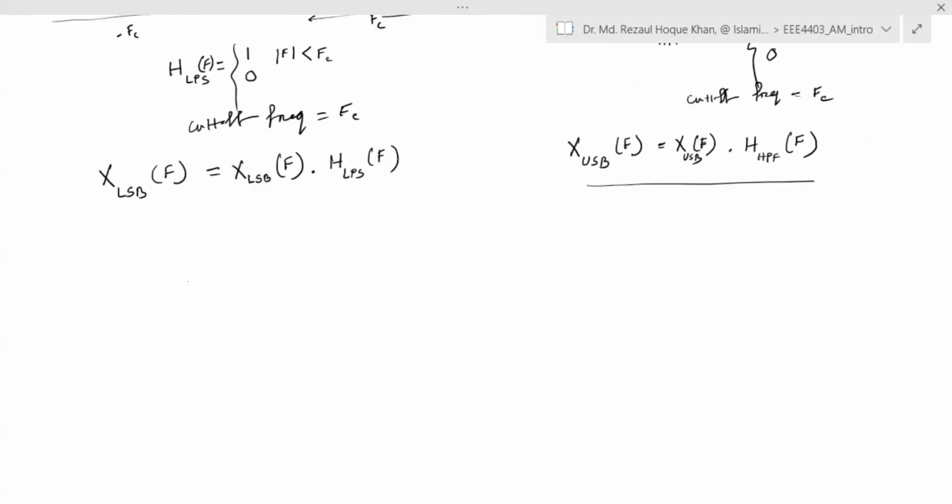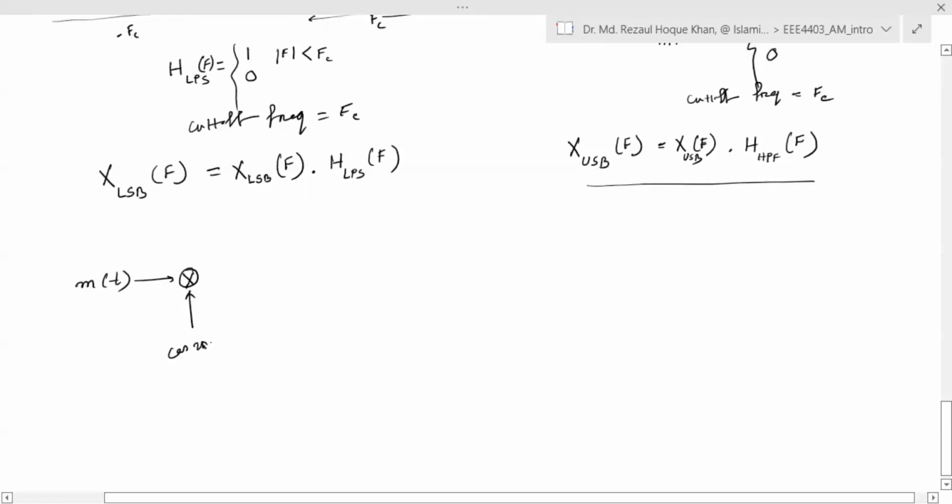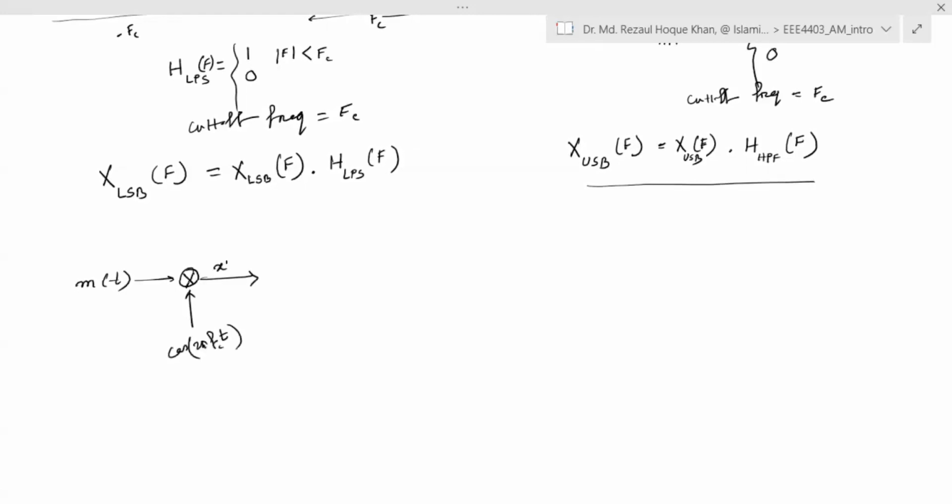So how will this low pass filter or high pass filter mechanism work? For example, we have a message signal m(t), which is mixed with a carrier equal to cos 2 pi fc t. Then we get the x(t) signal.